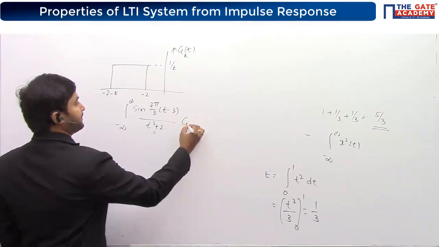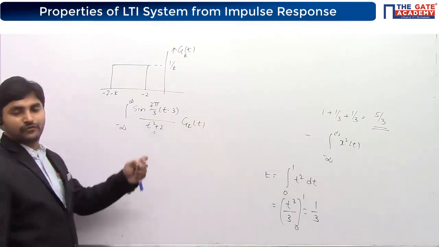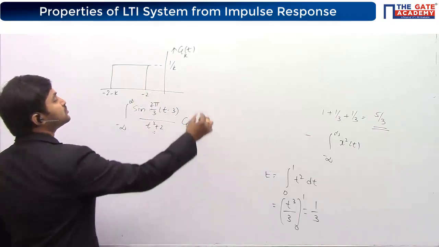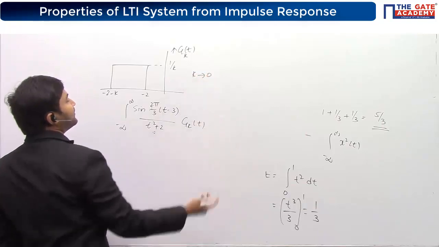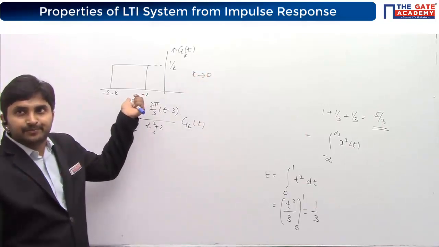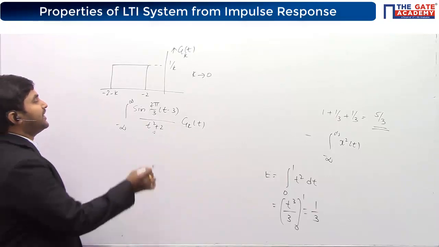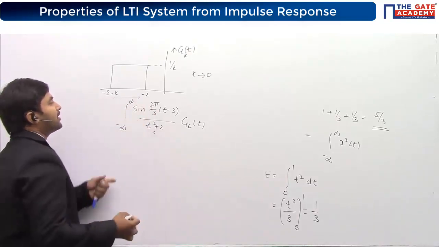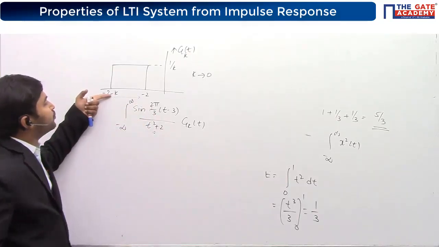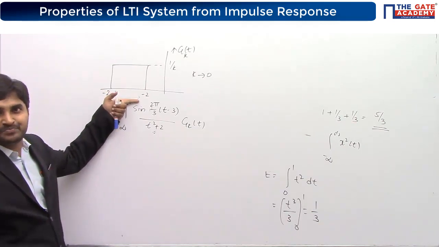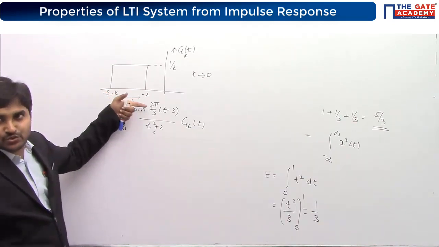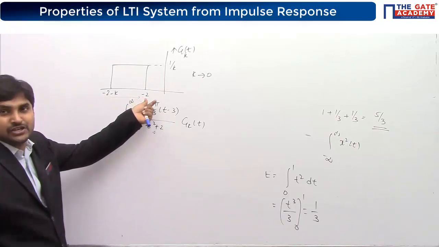You see, what is g k of t? It is given that the value of k tends to 0. When k tends to 0, what will happen here? This end approaches towards minus 2, because this is minus 2 minus k and this is minus 2.